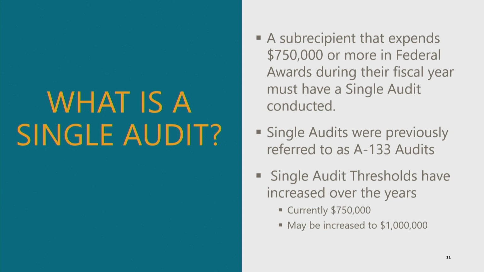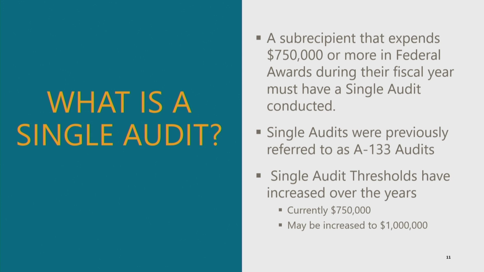So prior to the adoption of the uniform guidance, single audits were also referred to as A133 audits because they were required by OMB Circular A133. It's a very creative name. You may have heard that reference before, but with the uniform guidance passage, they're just referred to as single audits now. The single audit threshold has increased over the years.